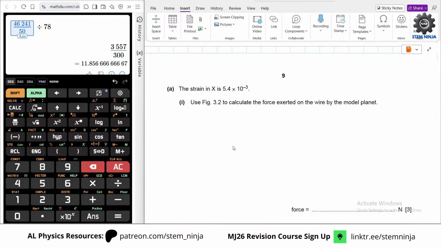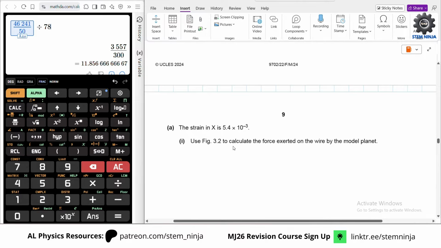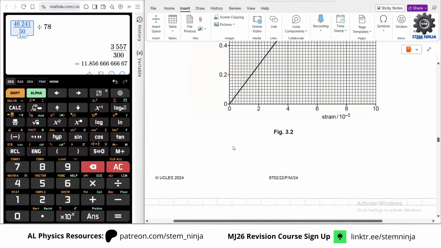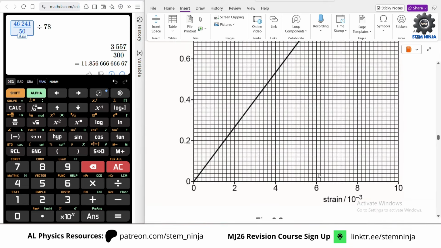Okay, all right. Let's find out the stress from this, corresponding to 5.4 times 10 raised to the power minus 3. So if this is 5.2, this would be 5.4.